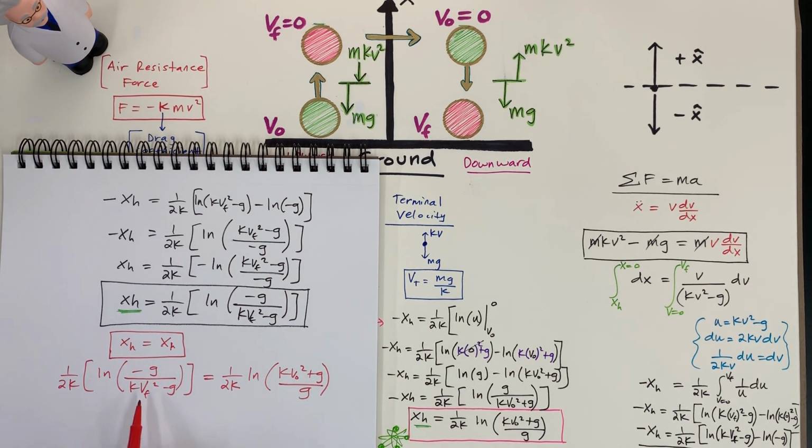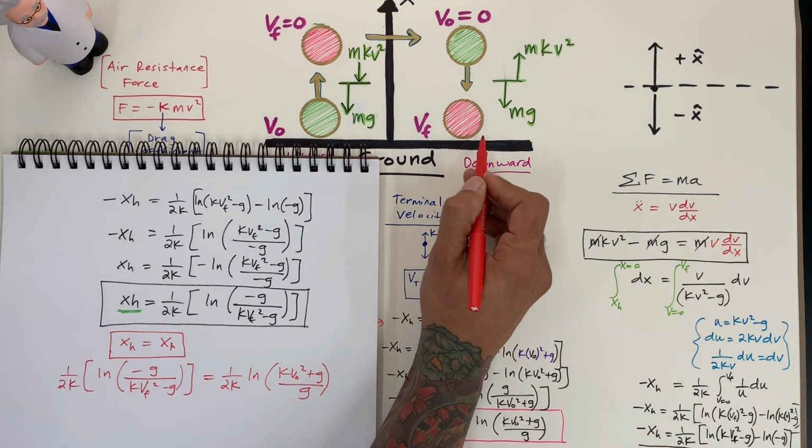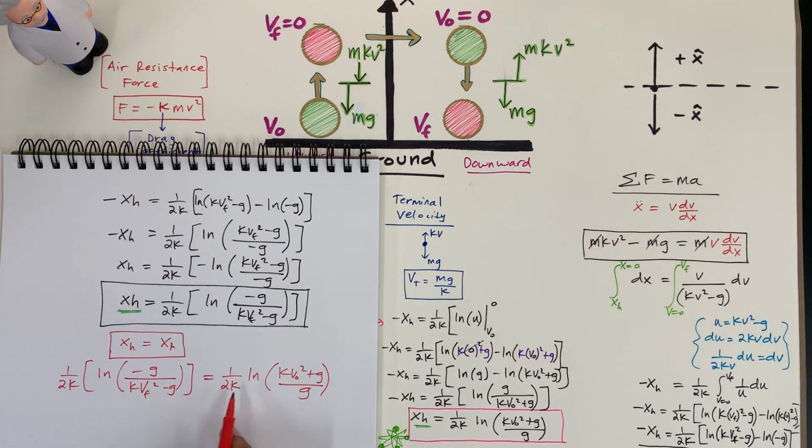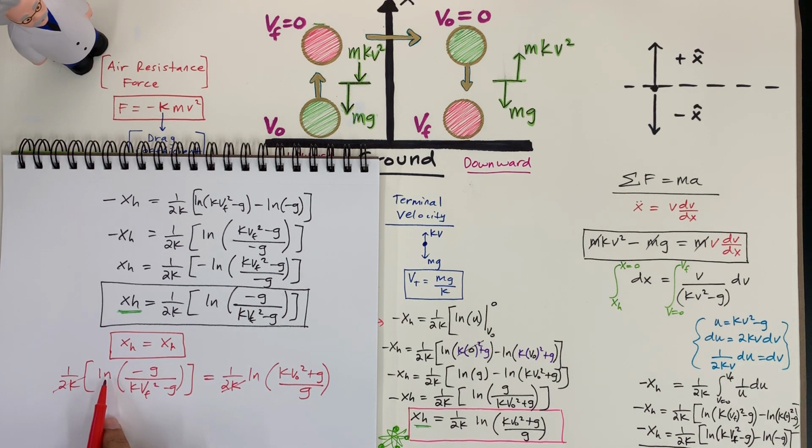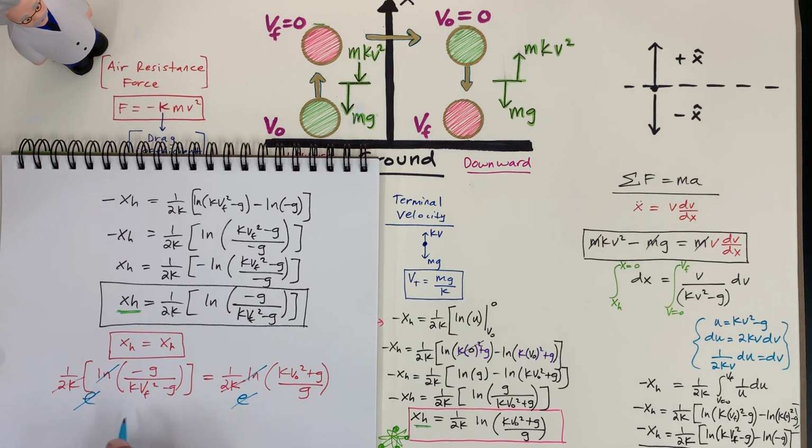All right, so now let's find v final, because that was initially what we wanted to find right before it hits the ground. So we can see that this 2k cancels with this 2k, and we have ln's on both sides, so we're just going to raise them both to the e. If we raise both sides to the e, the ln and the e's cancel. And then we're left with negative g over k v final squared minus g.